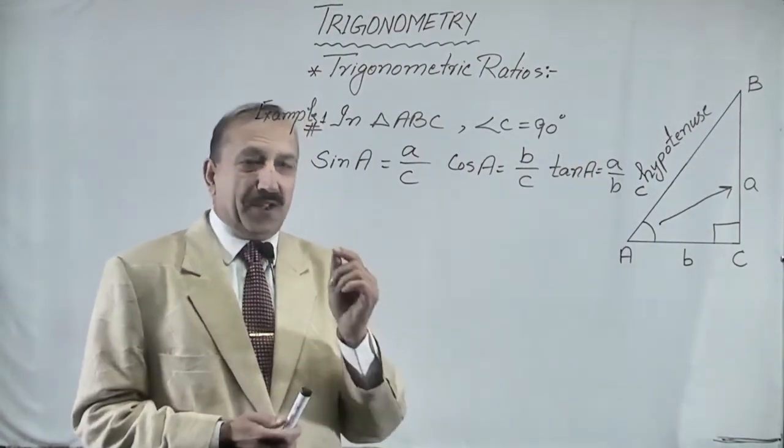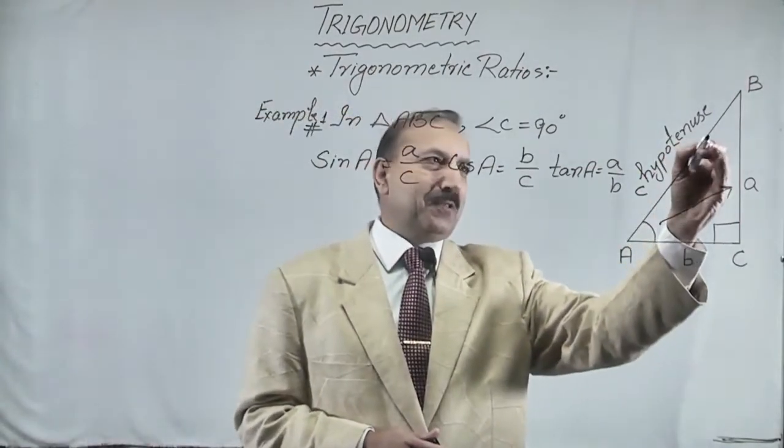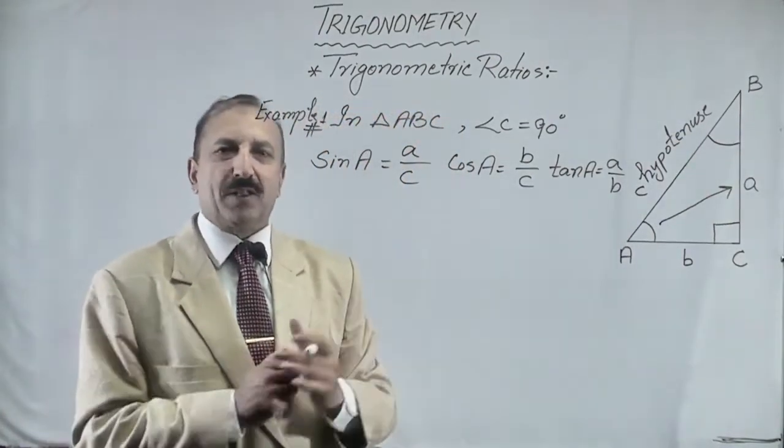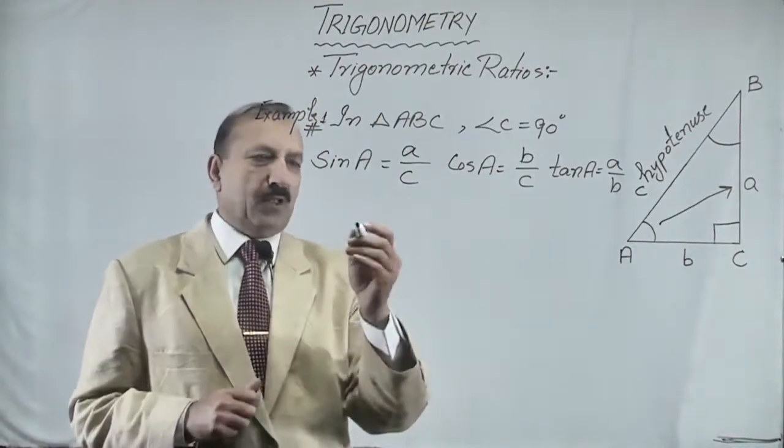Now, if I consider the second angle B here, my dear students, and we are supposed to write the trigonometric ratios according to angle B, then what will be the situation? Look at here.